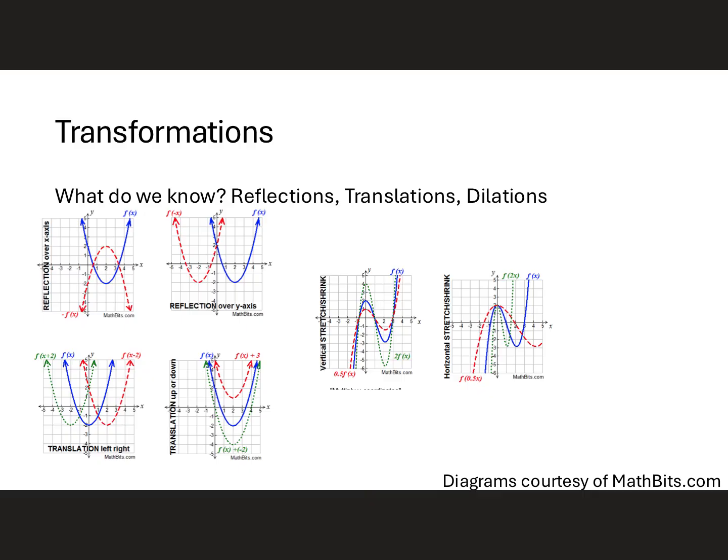So before we moved ahead, I wanted to remind ourselves about the transformations of algebraic graphs. Now you'll remember, you've probably talked about this in Algebra 1, Algebra 2 for sure. You'll remember we talked about it in the college algebra portion of this course as well.